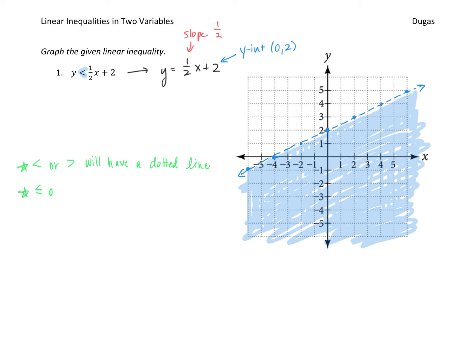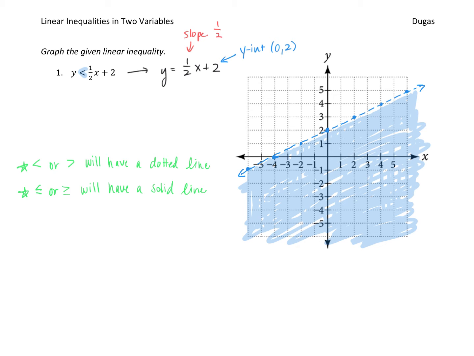Less than or equal to or greater than or equal to, so again, notice the equal to sign, that's the key, will have a solid line. In that case, the ordered pairs on the line itself will be included in the solution set.